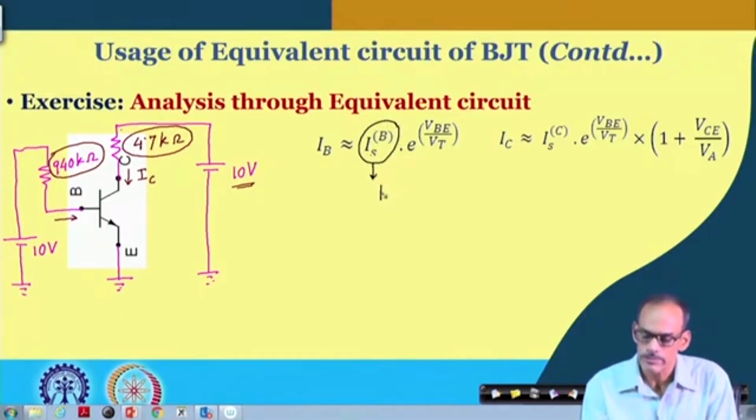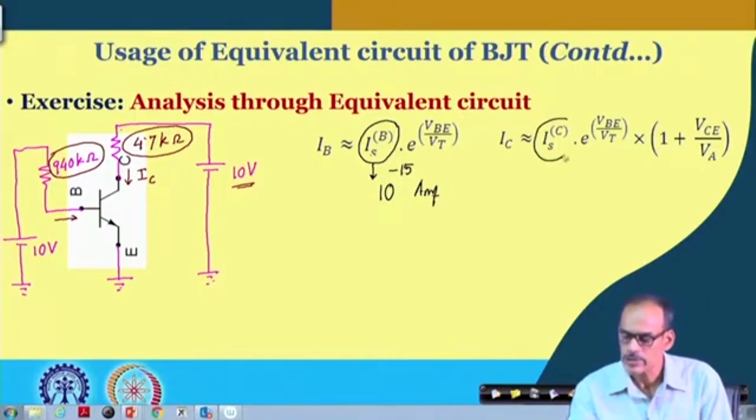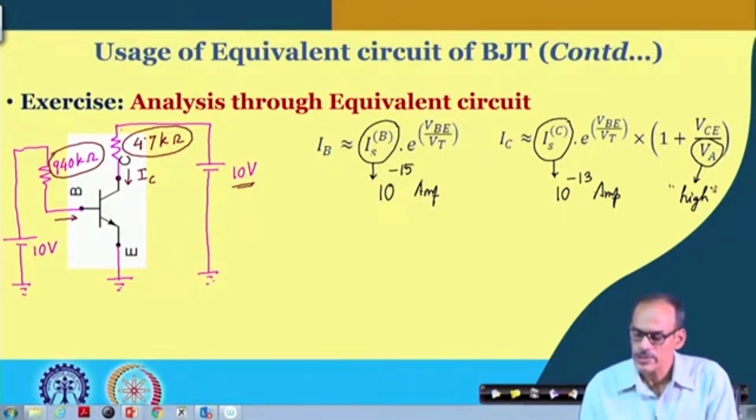So, let us consider this is 10 to the power minus 15 ampere, and let us consider this is 10 to the power minus 13 ampere, and for the time being let us assume that this early voltage is very high, quote unquote high.